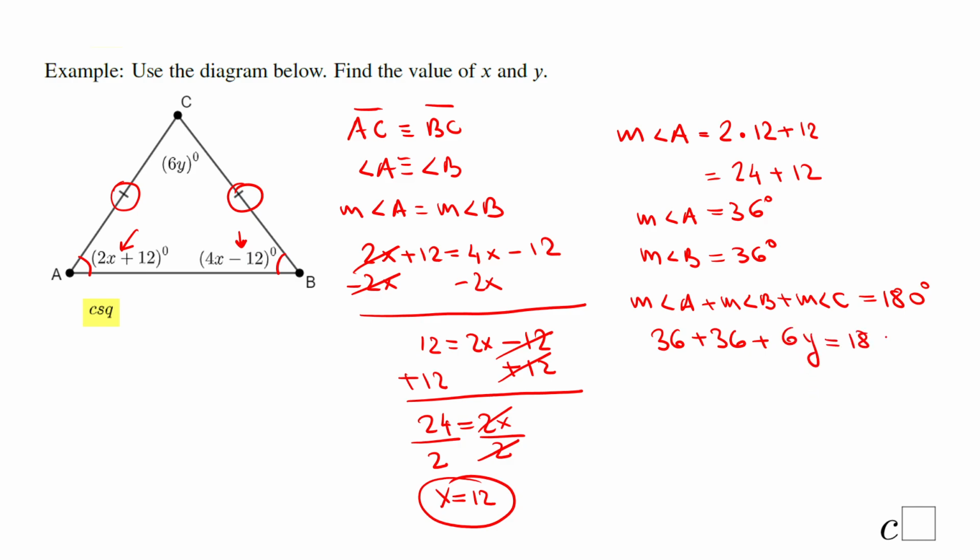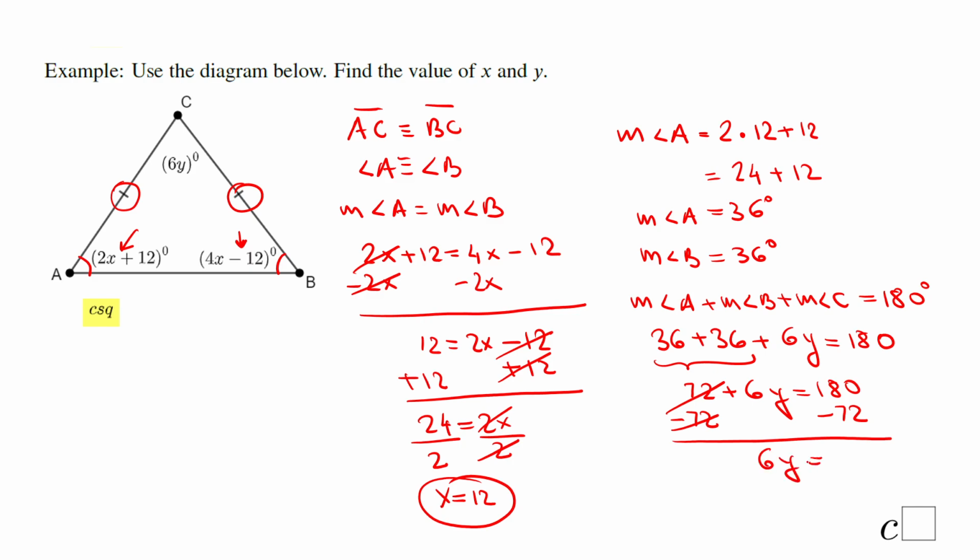equals 180. So now we have an equation in y. We're going to combine these two numbers, 36 plus 36, that is 72, plus 6y equals 180. I'm going to subtract 72 on both sides to cancel out the 72. So we have 6y equals 180 minus 72, which is 108.